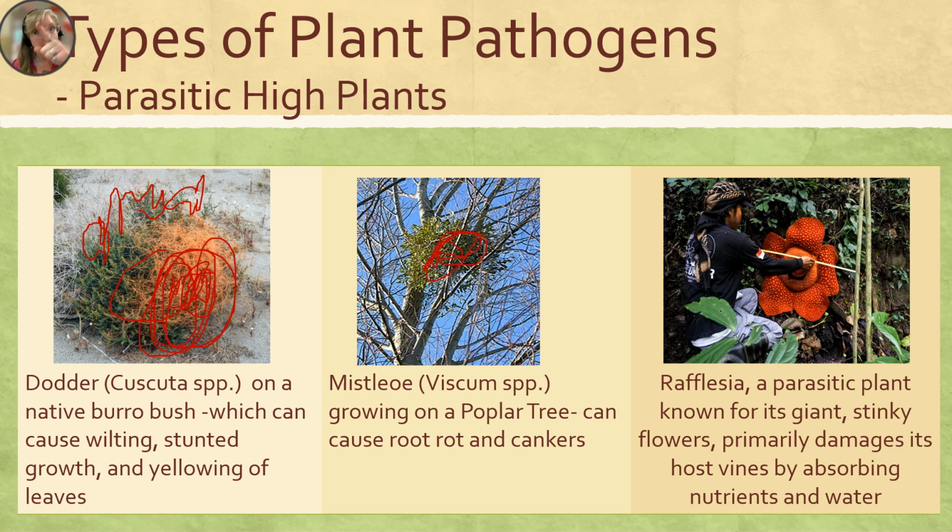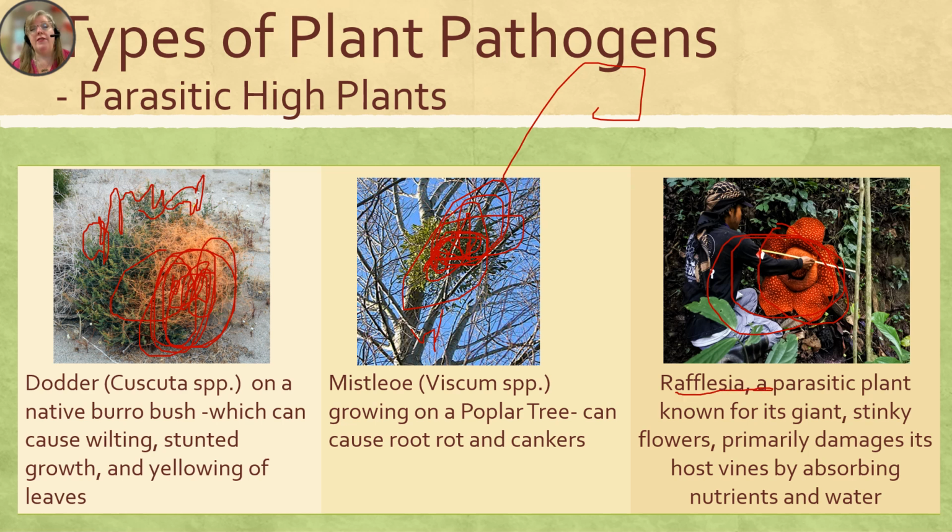It's actually a parasite, and it's poisonous. Mistletoe is actually very, very poisonous, but we use it at Christmas anyway. But it is a parasitic part of a tree. This is a poplar tree that it's growing on, and it can cause root rot and cankers. It's going to suck the nutrients right out of the tree so it can live on itself. And it's huge. Those get really, really big.